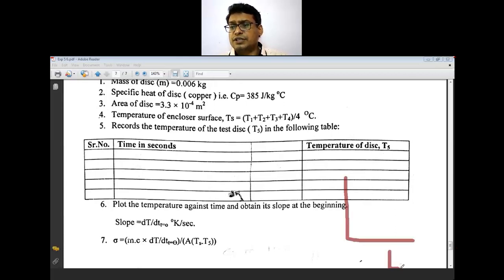On the x-axis it is the time, on the y-axis it is the temperature, so the graph will be like this.